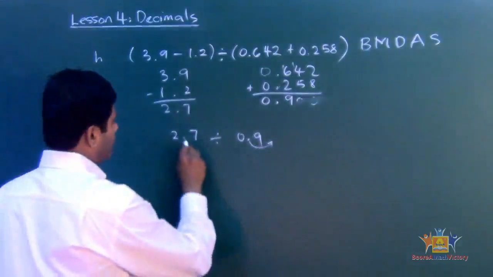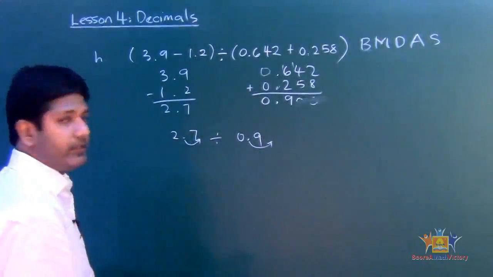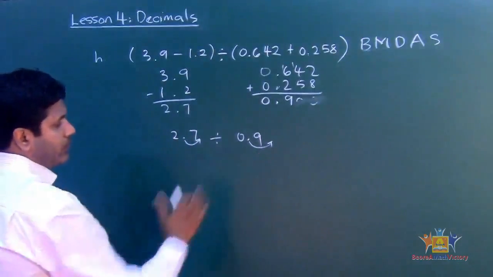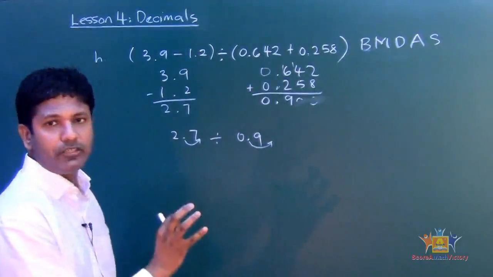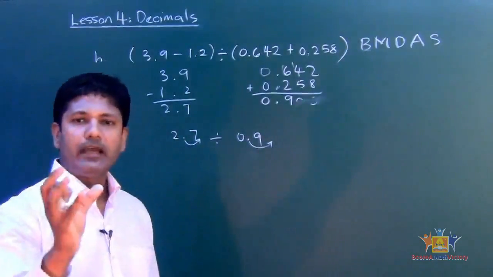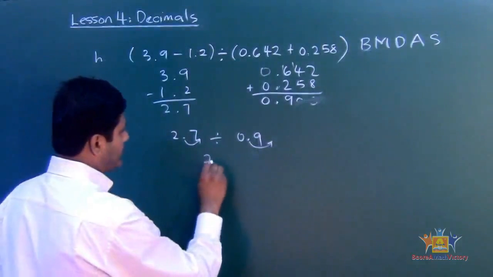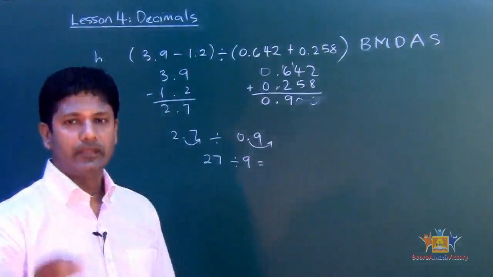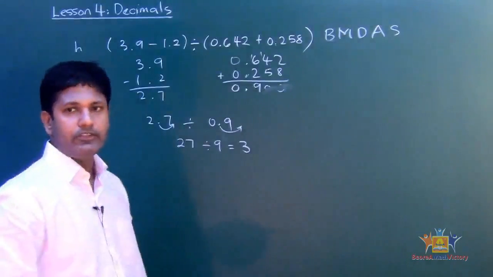If I move it once, I have to move it once for the dividend as well. The divisor makes the decision. My goal is always to make the divisor a whole number, no decimals. So that makes this 27 divided by 9. And what's 27 divided by 9? It's in our times table range, which is 3. We don't have to use the long division method.